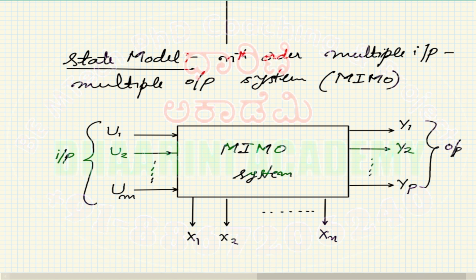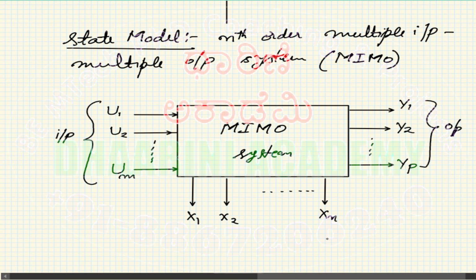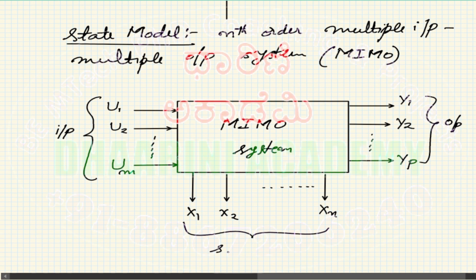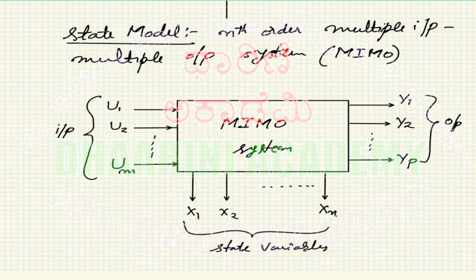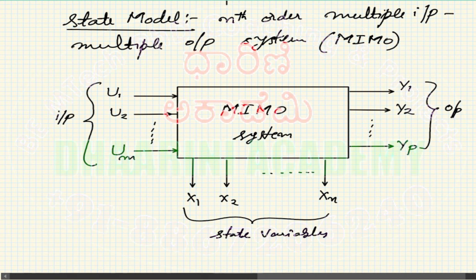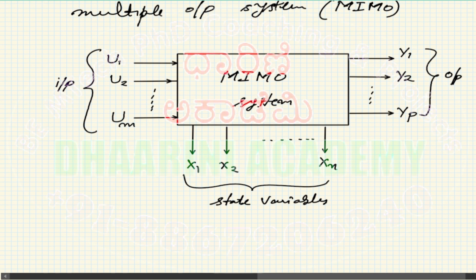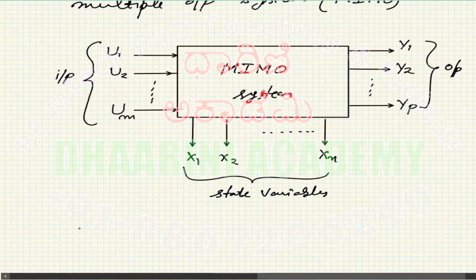So these are the state variables of that particular system. Here, let me write what we assumed so far. The number of inputs equals m. The number of outputs is assumed to be p.